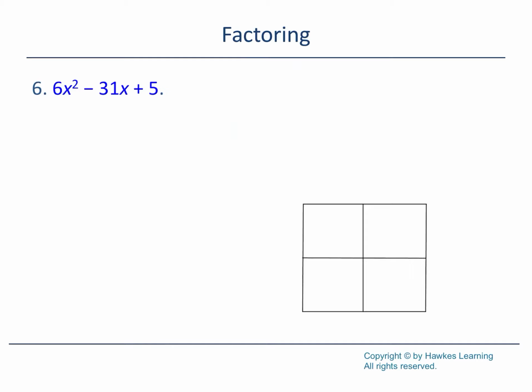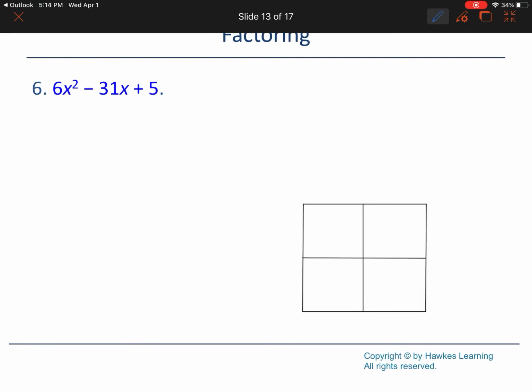So this one, we are going to multiply the 6 times 5, and we get 30. We're looking for 2 numbers that multiply to be 30, but they add up to be negative 31. So a 1 and 30 is what's going to add up to that, and they have to both be negative.